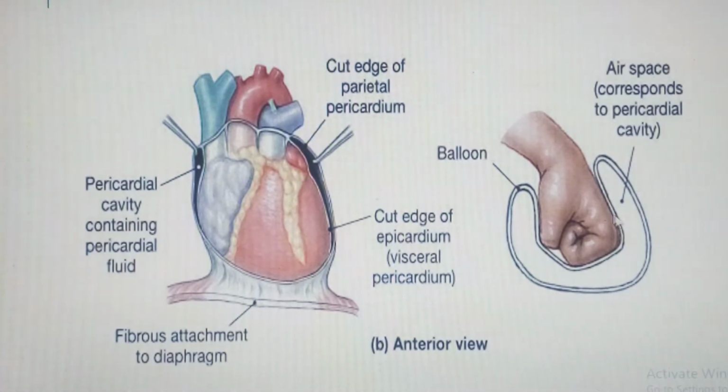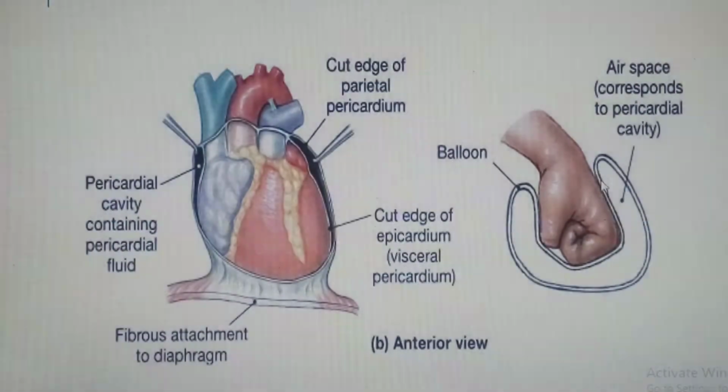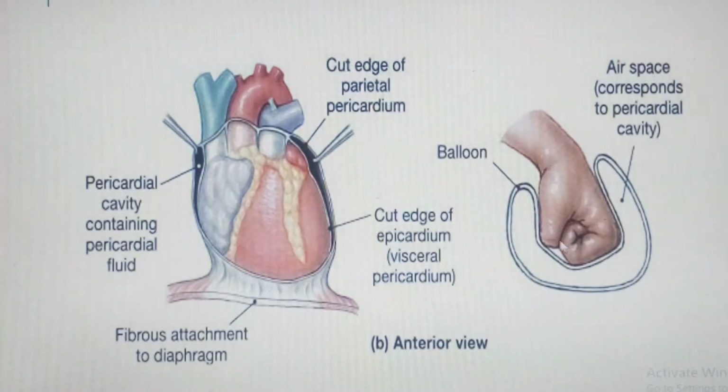We are calling it the visceral layer because an organ is a viscera, and because this part is closely related to the organ, we say this part is known as visceral pericardium. Now that portion which is further away from this organ and lies a bit outside, forming like a wall, we call the parietal layer of serous pericardium.